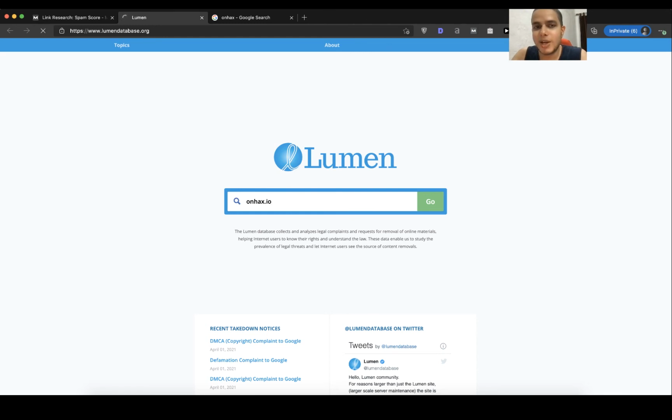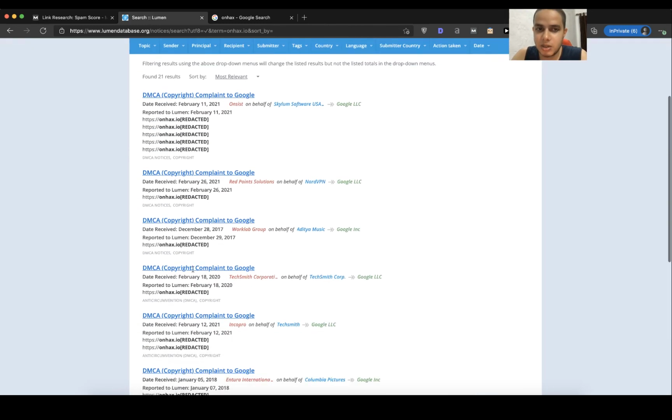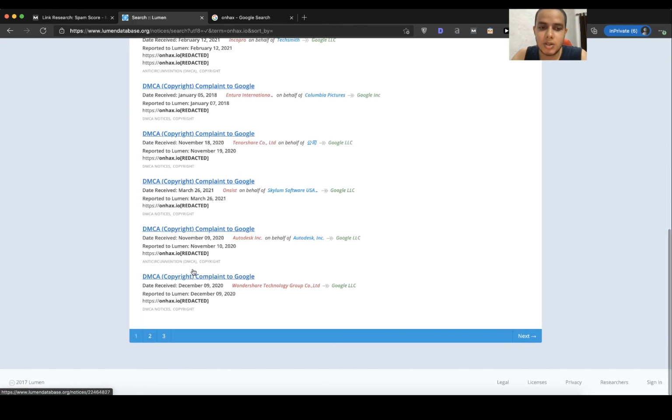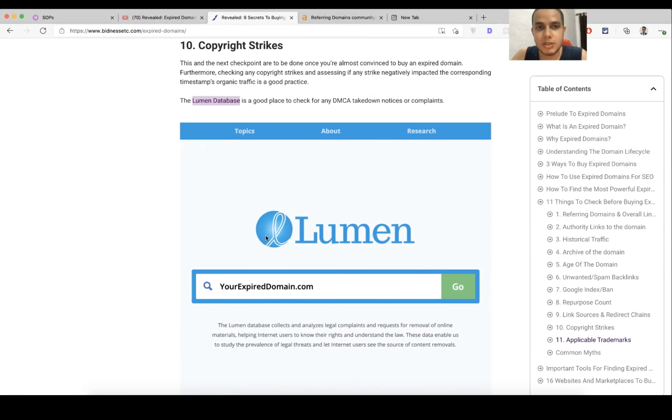They do a lot of piracy and other stuff, so there will be a lot of DMCA takedown notices against them. So we want to avoid any domain which had a lot of copyright strikes on it, because that affects its power to perform in search engines.